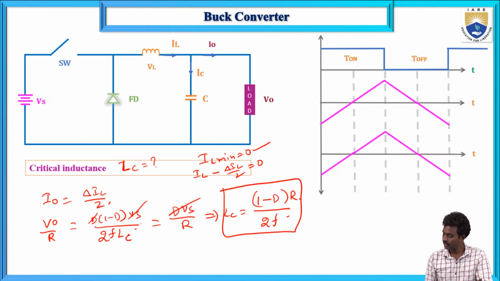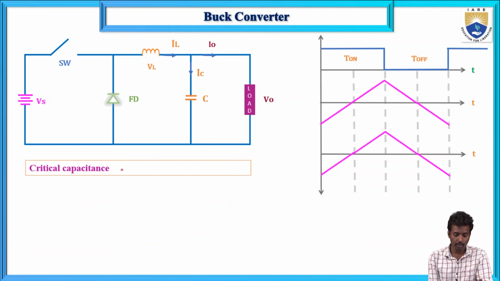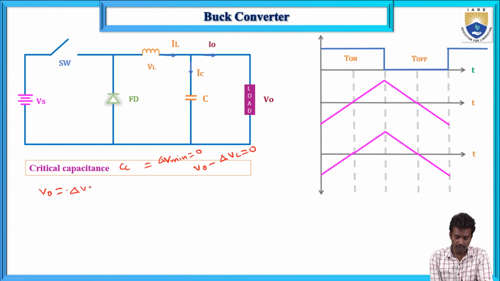In the same fashion, for critical capacitance: the minimum capacitance for which the output voltage V naught just becomes continuous. So here del Vc minimum equals 0.